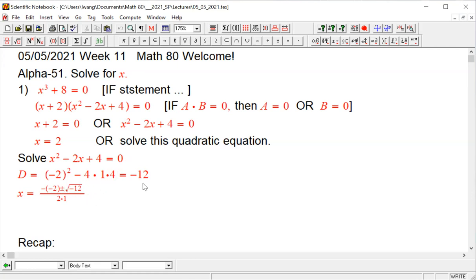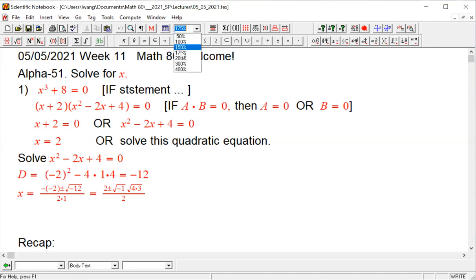Simplify. In the denominator we have 2, and negative of negative 2 is positive 2, plus minus the square root of negative 12, and we will write that as negative 1 multiplied by square root of 12. Of course, 12 equals 4 times 3, right?